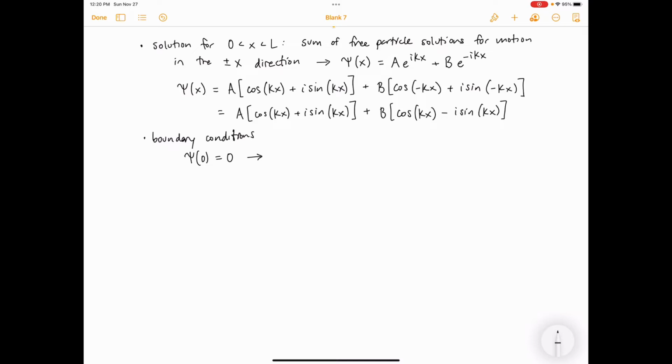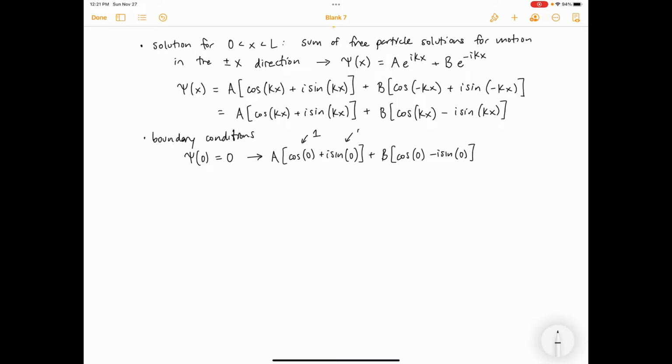What we get is a times cosine 0 plus i times sine of 0, and then plus b times cosine of 0, and then we have minus i times sine of 0, like this. All right, let's try to simplify that. Cosine 0 is just equal to 1.